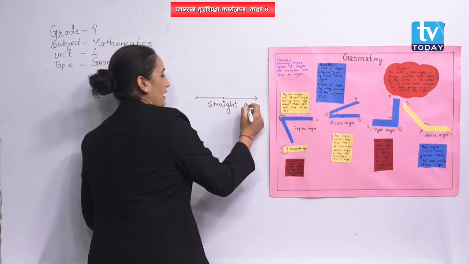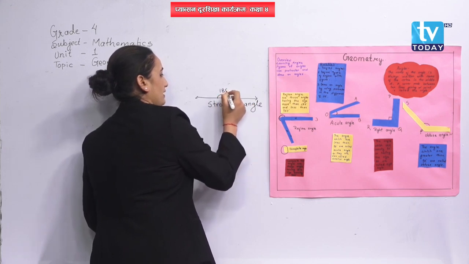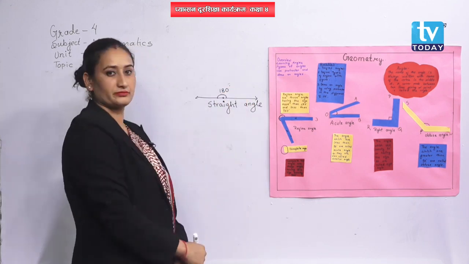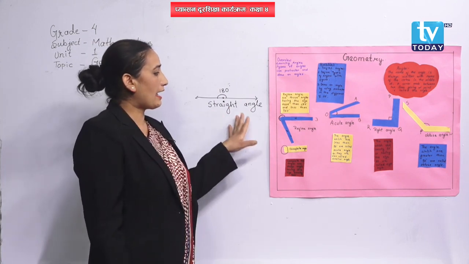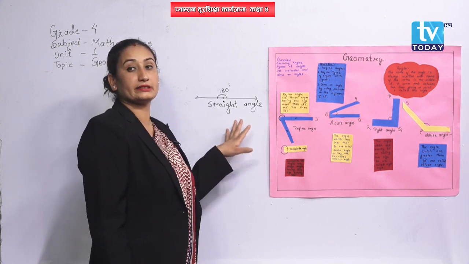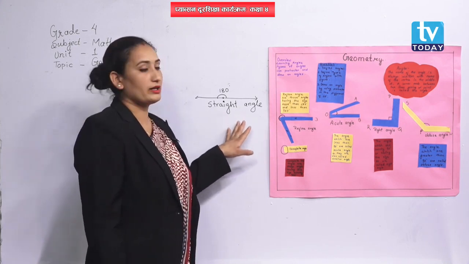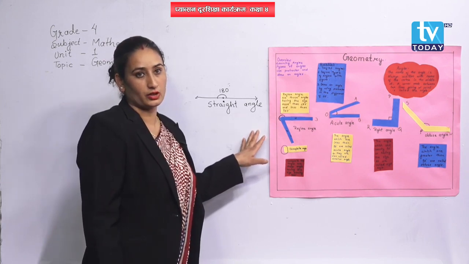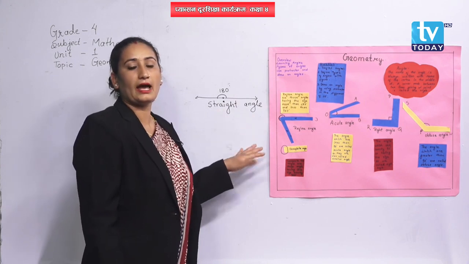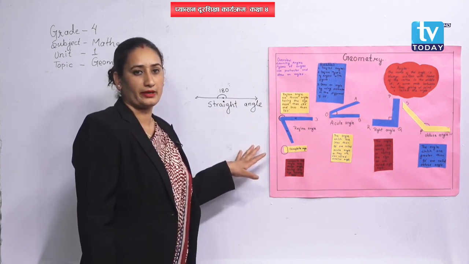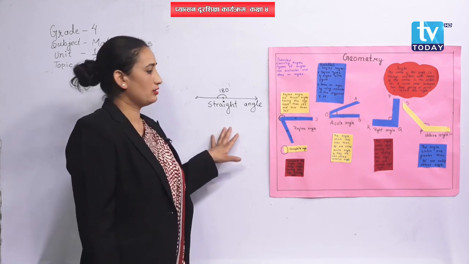So the angle having exactly 180 degrees is called a straight angle. Have you written this one? Okay, you can write it.